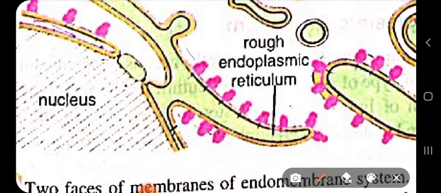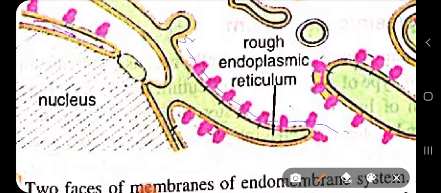Suppose this is the mRNA that you can see, a single strand of mRNA, 5 prime, 3 prime, held together by multiple ribosomes.